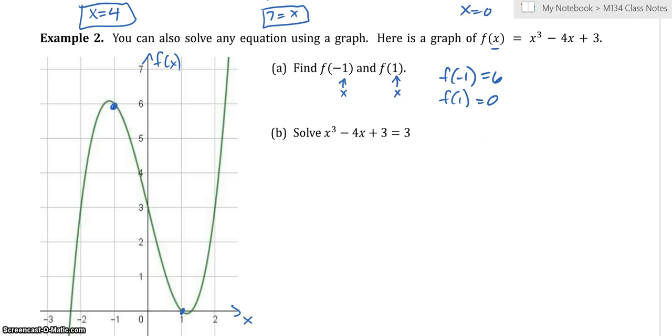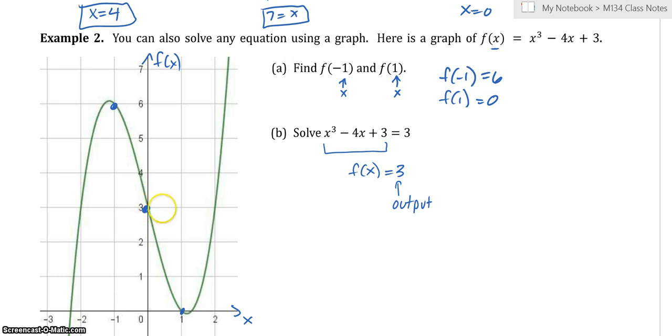So I'm going to use that idea to solve this equation. If you remember, f of x was this whole thing. This whole thing is f of x. So I'm going to look for where f of x is 3. So now the 3 is at the output, the f of x.